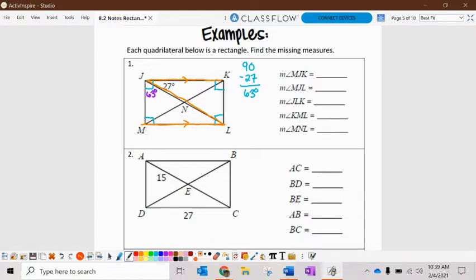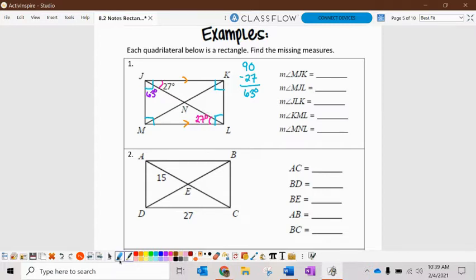So here specifically, I know this angle is congruent to this angle. So those are both 27 degrees.